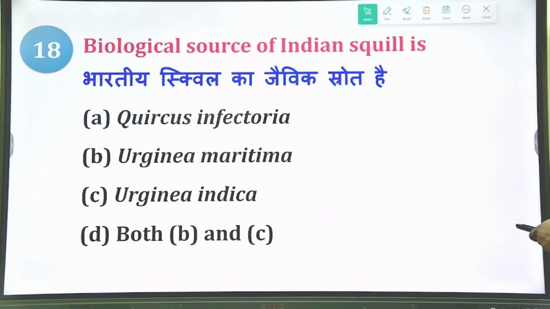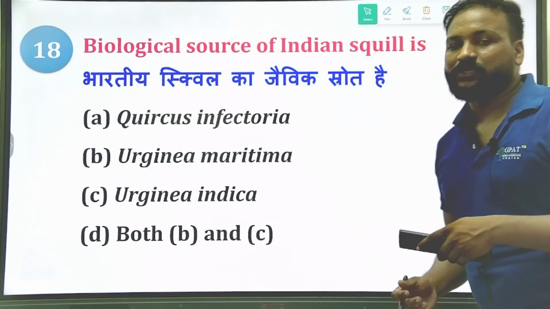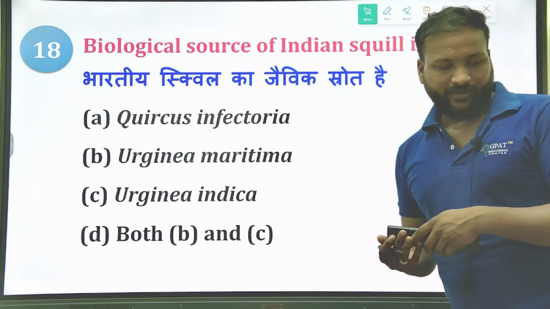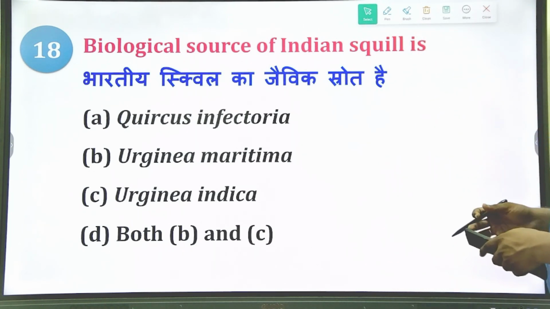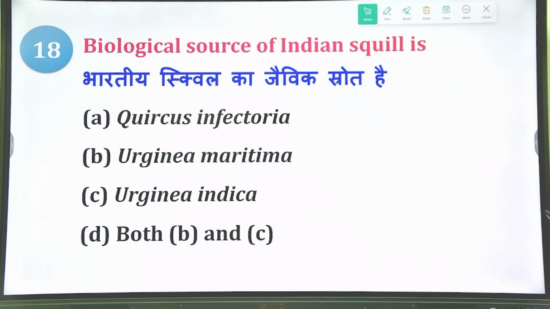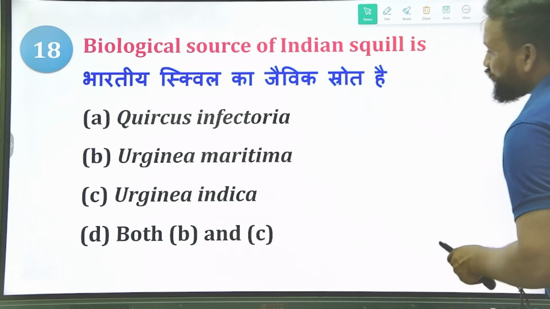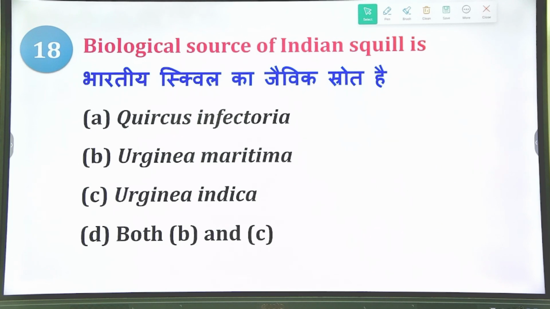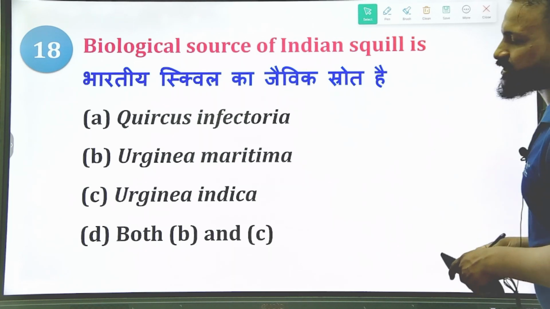Next question. Biological source of Indian squill is. Option A, Quercus infectoria, option B, Urginea maritima, option C, Urginea indica, and option D, both B and C. So what is the right answer here?